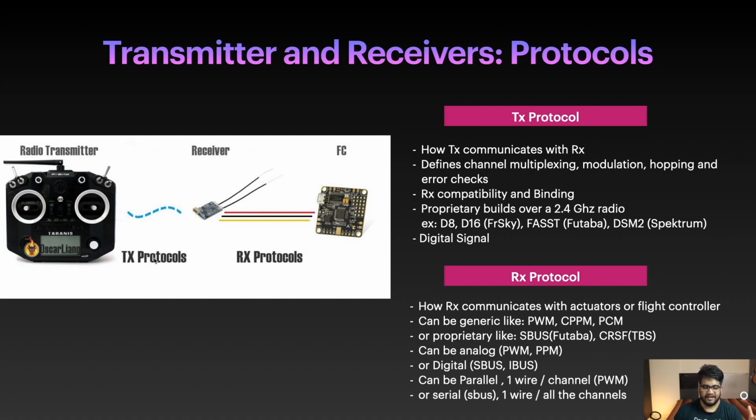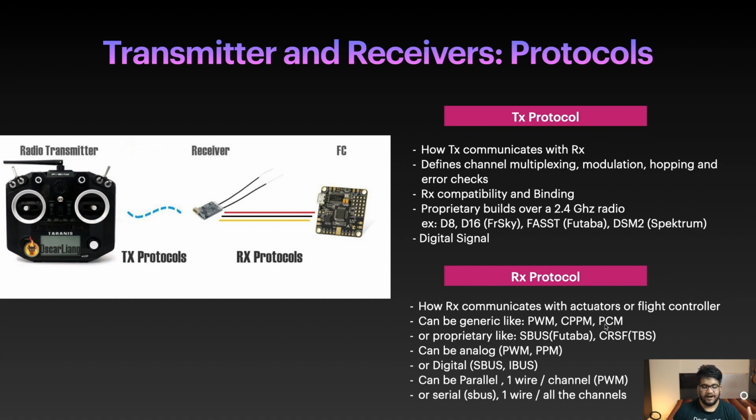However, on the RX side, the receiver communicates to the flight controller, and this communication link we will see in more detail in the flight controller chapter. But for now, you can understand that these protocols can be generic. They cannot be proprietary. So generally speaking, it can be generic, like pulse width modulation, pulse position modulation, pulse coded modulation.